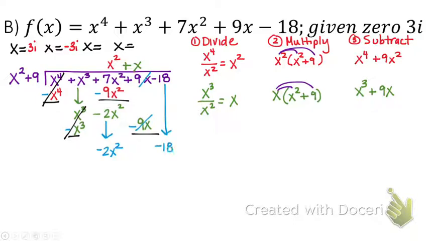What do you think I'm dividing this time? What's my first term? Negative 2x squared. Good. So take negative 2x squared. Divide that by x squared. You get negative 2. Put that negative 2 on the top.